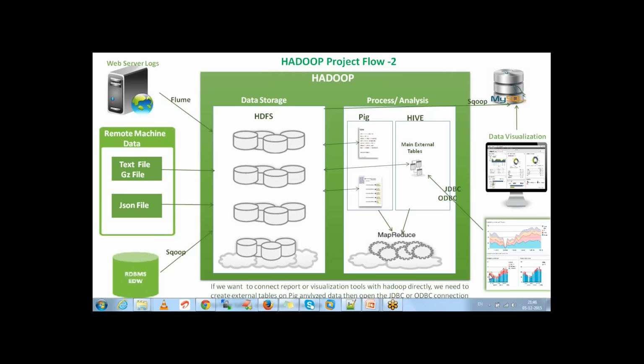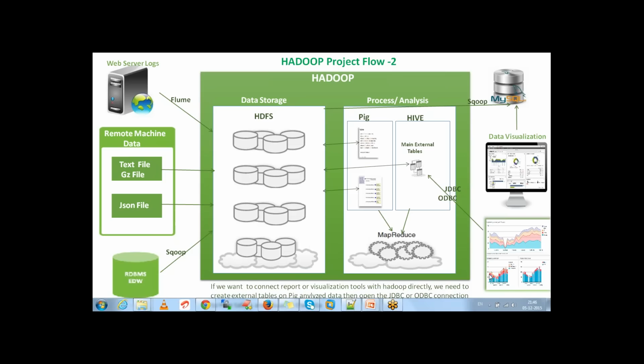So the main thing in Pig is, if you simply want to process the data, we can use Pig. Suppose I have JSON data, I simply want to analyze it, I don't want to maintain the previous data and I don't want to connect to the outside world, I just want to process data and store it back to HDFS.